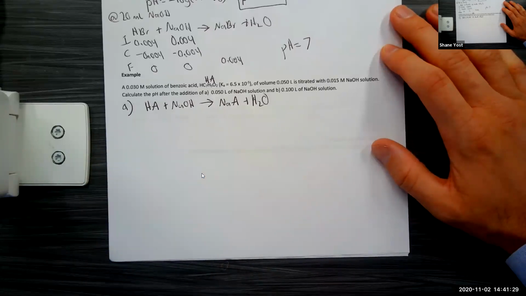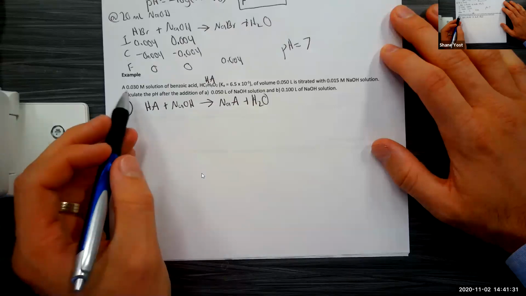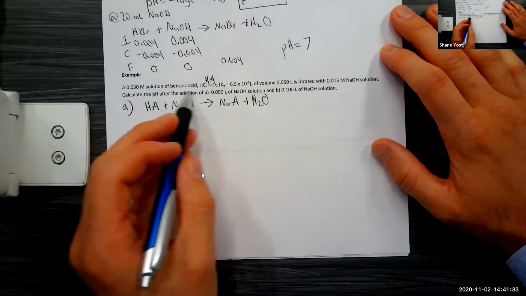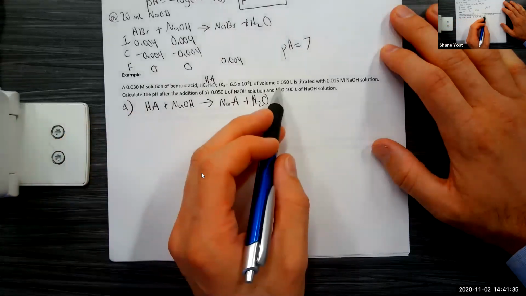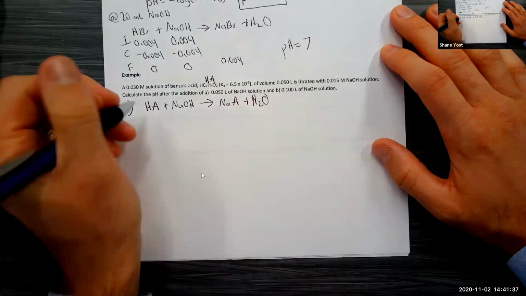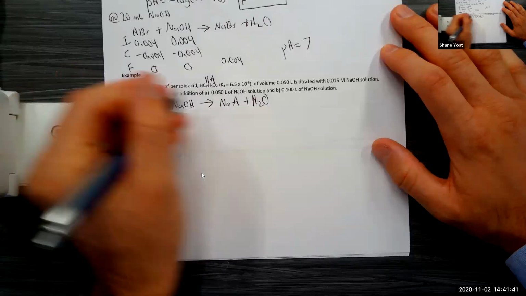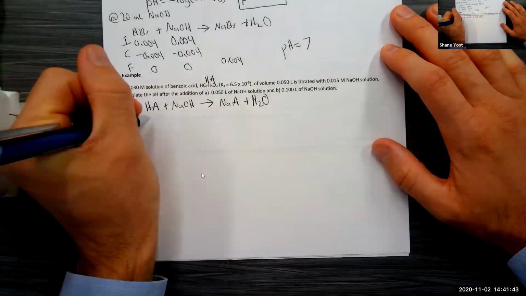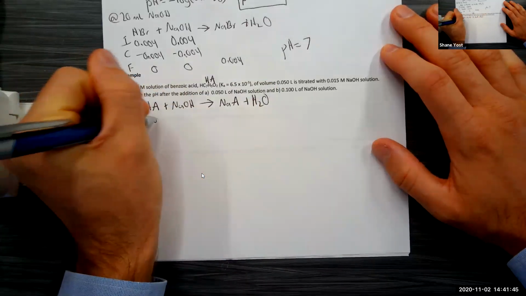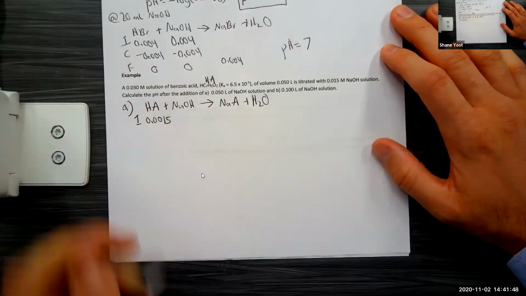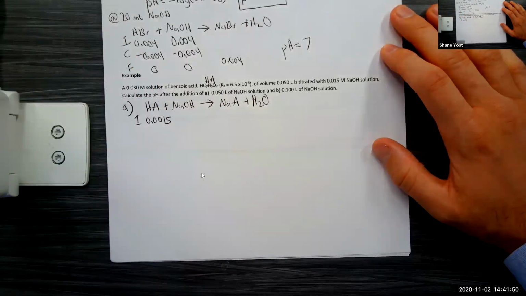For part A, I have a 0.03 molar solution of my weak acid at 0.05 liters. So the number of moles initially for HA is 0.03 times 0.05, which is 0.0015.